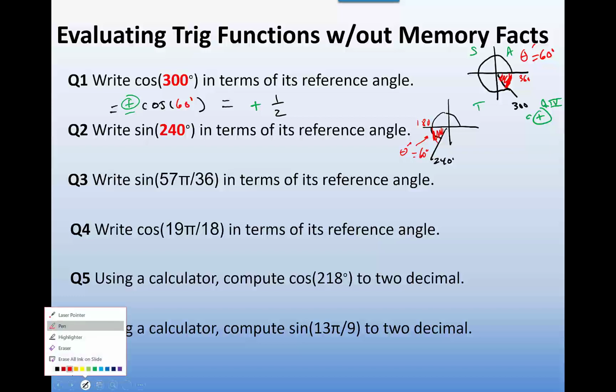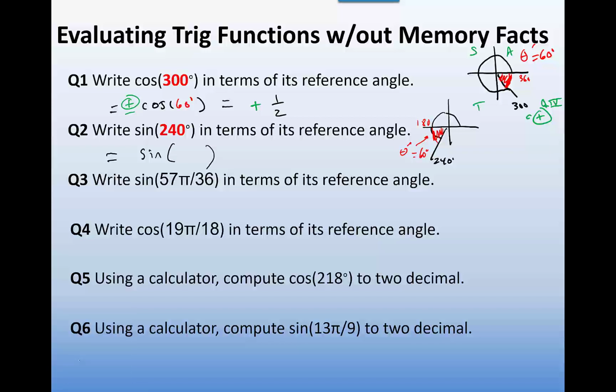So this is going to allow me to change my hard problem into an easier problem. Next, we'll also have to come back and figure out, should I choose a positive or negative answer? But sine of 60, I've memorized that, and I'm hoping you've got them memorized as well. That equals square root of 3 over 2.